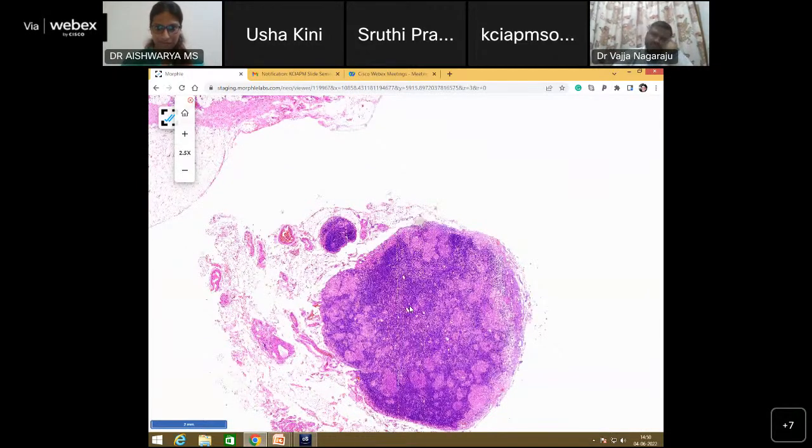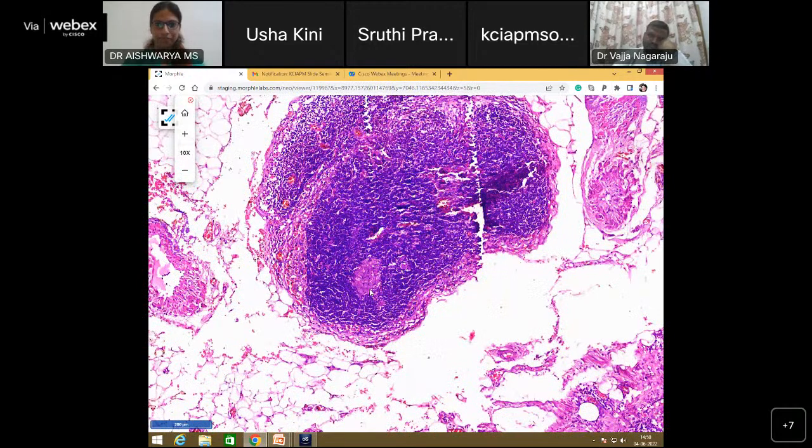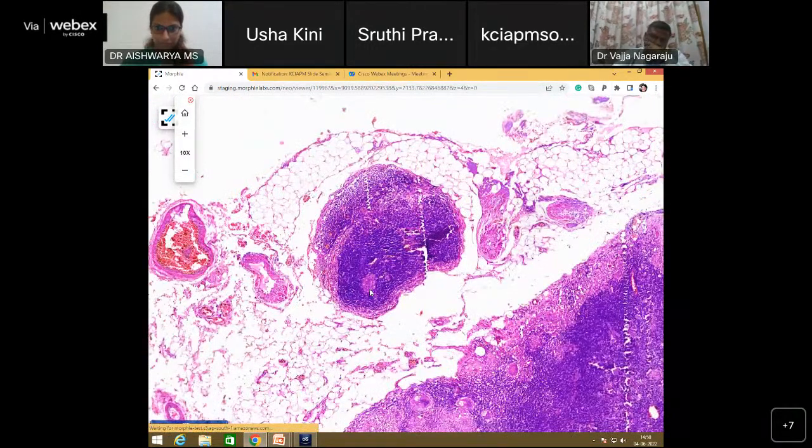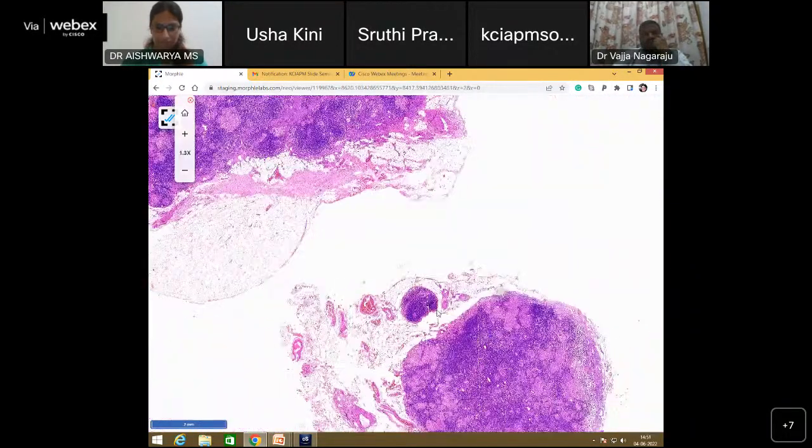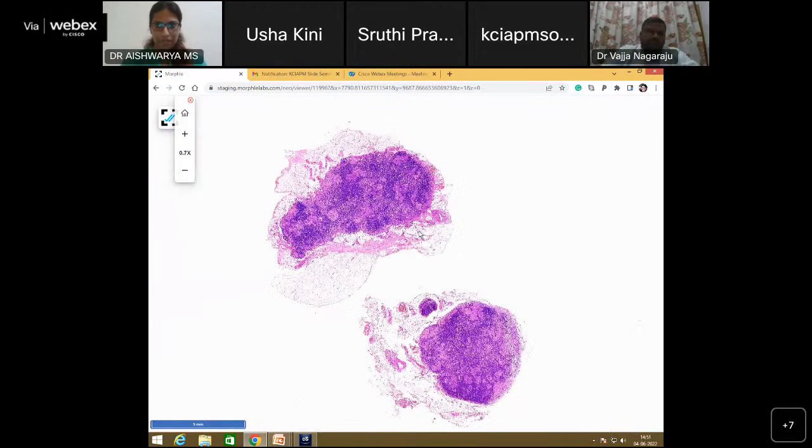Yes, because you can see a sinus here very distinctly. So these are three lymph nodes with architecture probably replaced by numerous epithelioid granulomas.